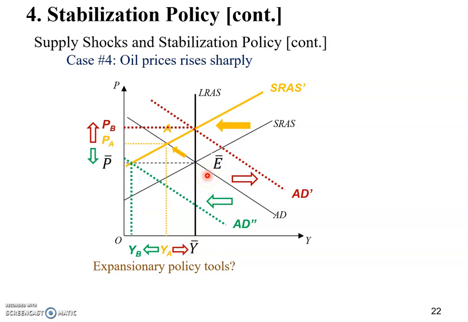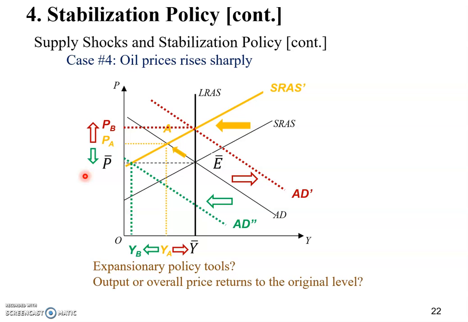Then we move from point A to this point, and we find that the output level becomes even lower than YA. Of course, it's going to be far below the potential level. However, the price level does go back to P bar, the original level.